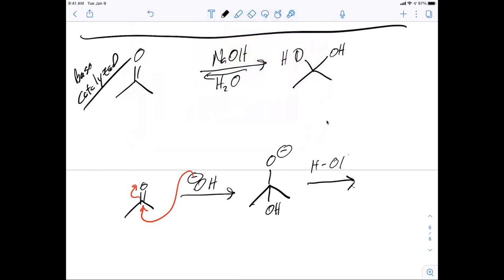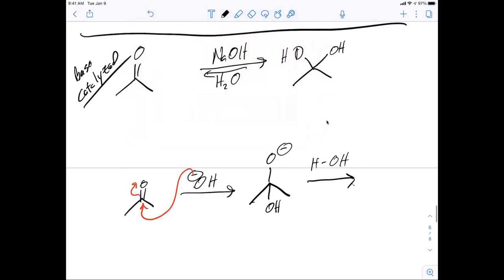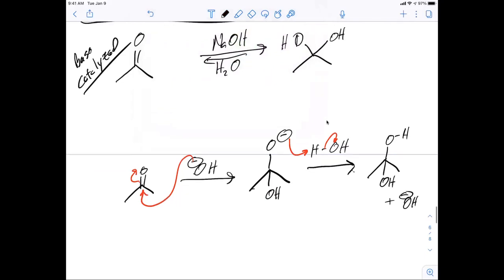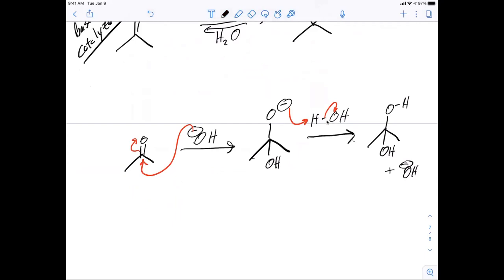And then in the second step, we get the proton transfer. And then we have the hydroxide. Right? So it's just base catalyzed. We're not using up the base, we're just base catalyzed.